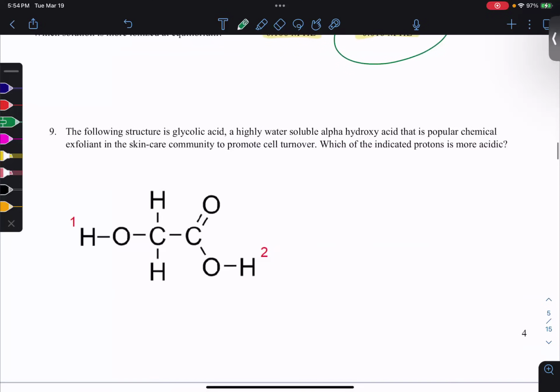Okay. Of this following structure of glycolic acid, I applied this to my face last night. Actives, skincare. That's something I like. Glycolic acid is an alpha hydroxy acid, an AHA, which is highly water soluble. So it penetrates deep into the skin and it helps promote cell turnover.